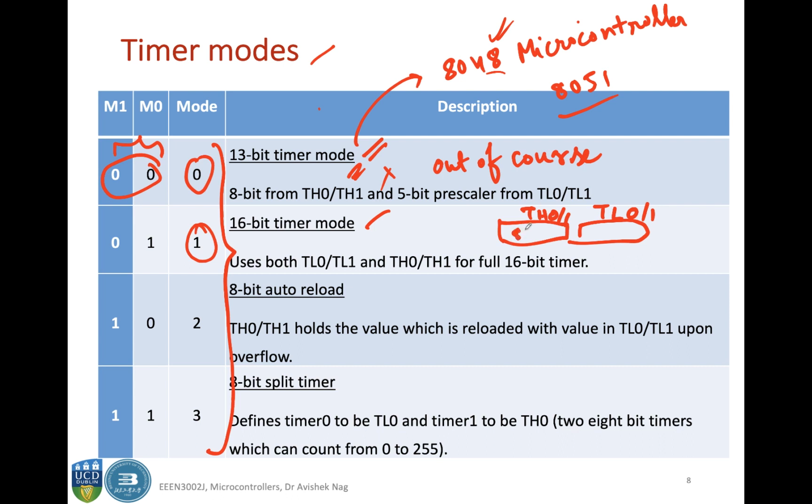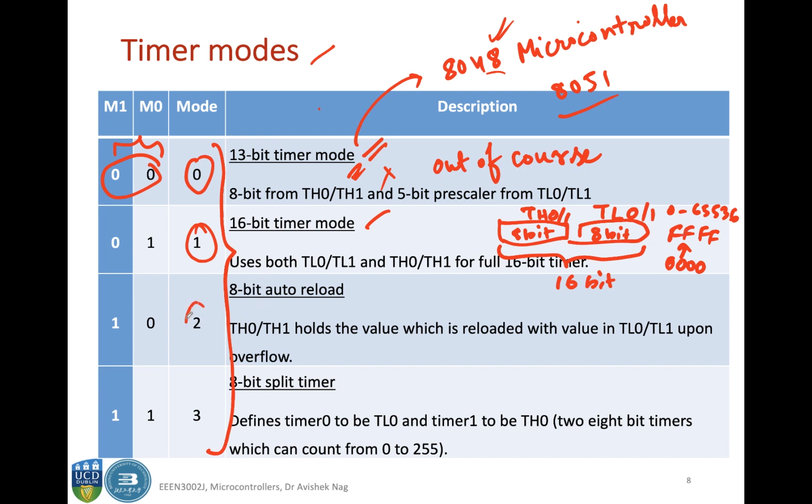You have 8 bits here, 8 bits here, and all of them are used as a 16-bit number to be used by the timer. So basically for mode 1 you can count between 0000 to FFFF, or in other words between 0 to 65536. You can use the entire 16 bits to count.